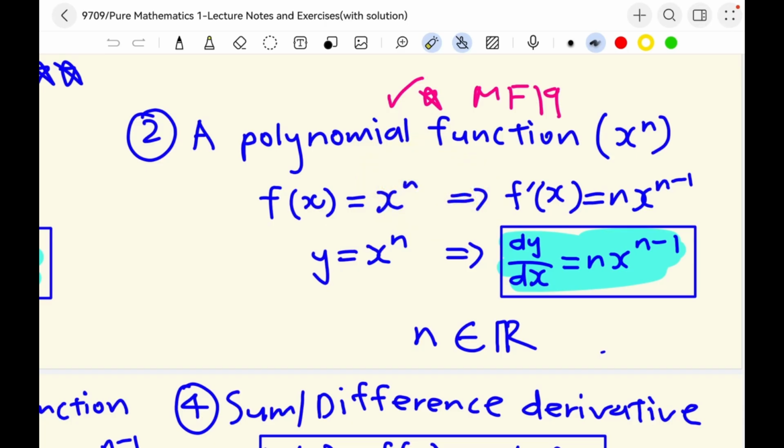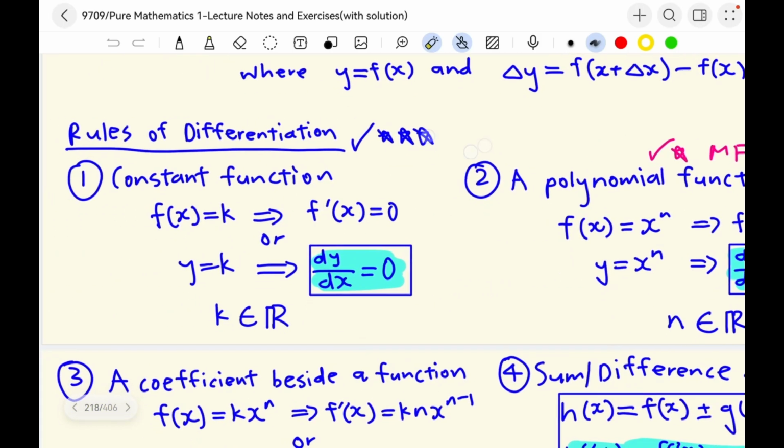I repeat again: the dy/dx of x^n, a polynomial function where n belongs to all real numbers, is n times x to the power of n minus 1.